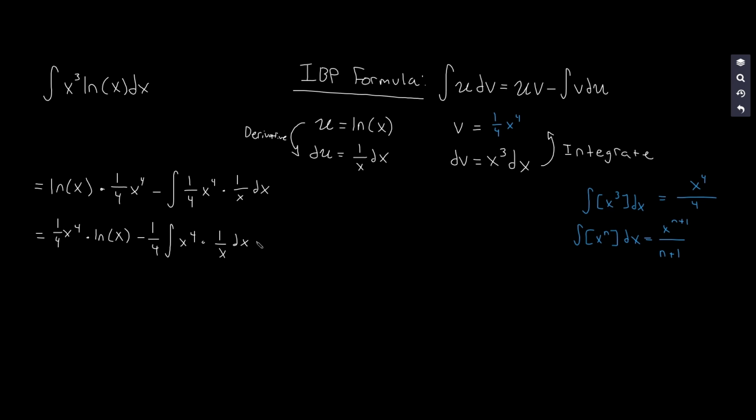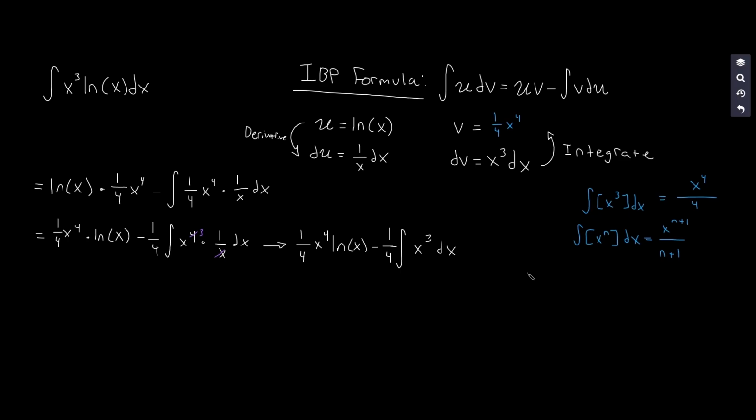And so what's going to end up happening here is this x is going to cancel with one of these x's. And now it's x raised to the fourth power, so only one of those x's is going to go away. Instead of x raised to the fourth, now it's x raised to the third. So I'm going to simplify this a bit more. 1/4 times x raised to the fourth power times the natural logarithm of x, minus 1/4 times the indefinite integral of x raised to the third power with respect to x.